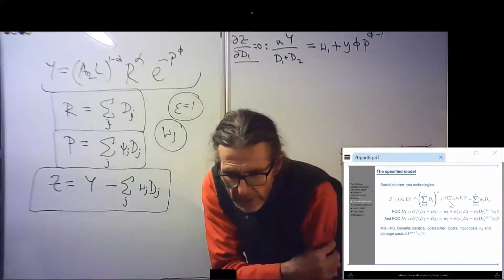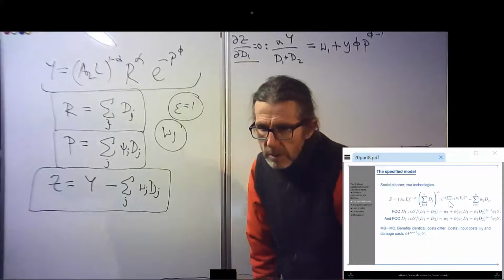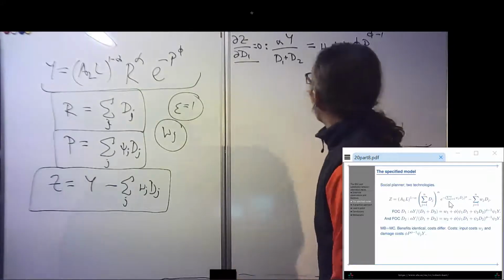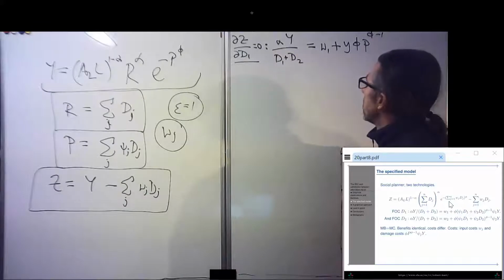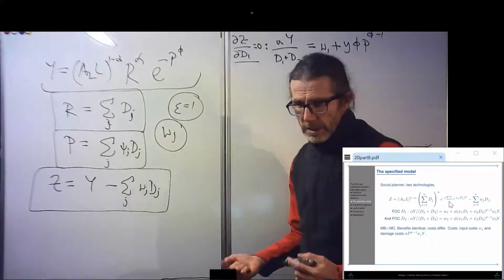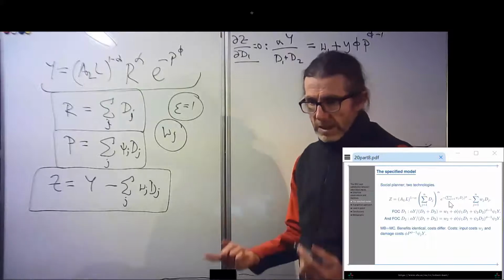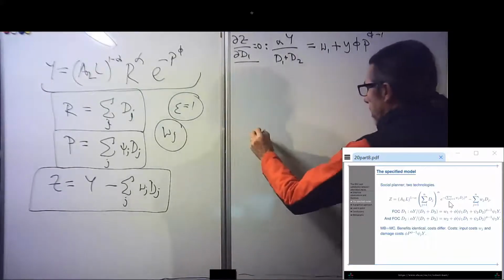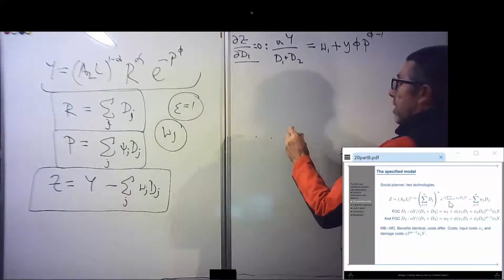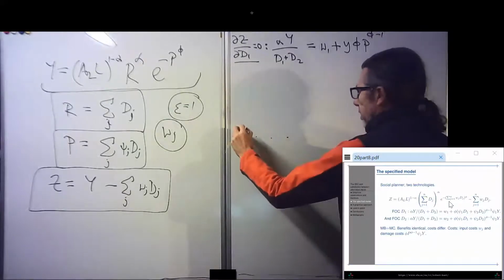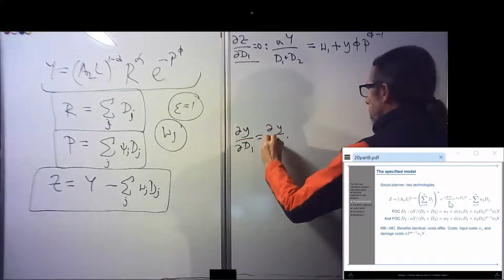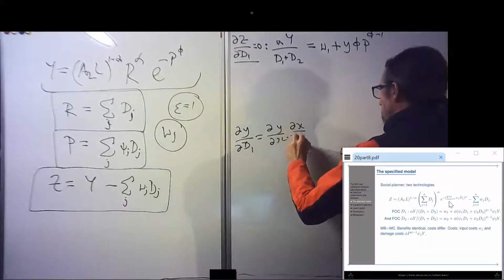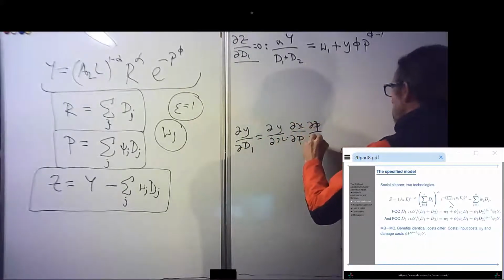Let me just check it's the same as on the notes. Oh, yeah, because then we need to say it's not by dp, it's by d1. So then we need a further term in that thing that I just wiped off. dy by dd1 would be dy by dx, by dp, by dd1.